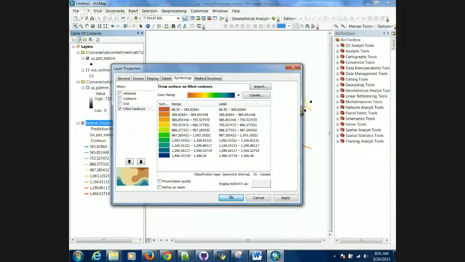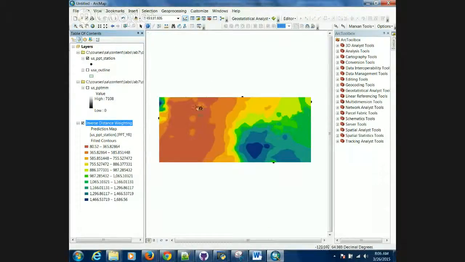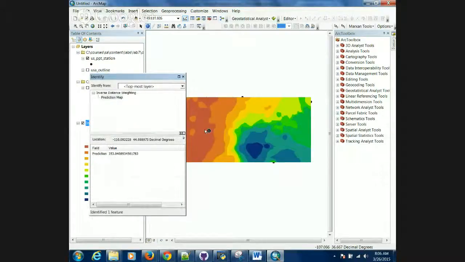All right. So I can click anywhere in here, and it'll tell me the value. I don't know exactly how the code is operating, but I'm pretty sure, because this is a virtual layer, that as you click the button here, it actually calculates that interpolation value at that moment.